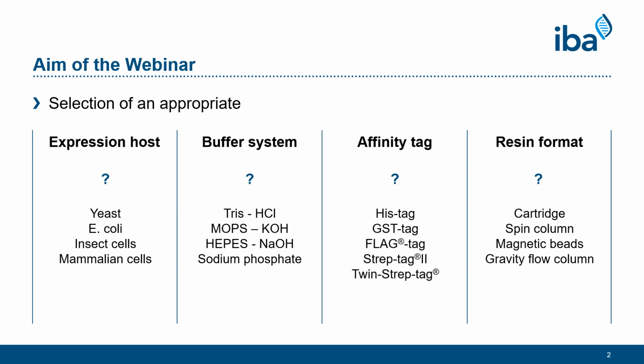Regarding the affinity tag, like the His tag, GST tag, FLAG tag, or the Strep-tag II or Twin-Strep-tag. And of course, regarding the resin format, so if you take a pre-packed gravity flow column, spin columns, magnetic beads, or cartridges.